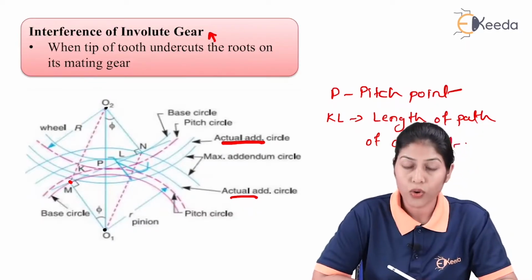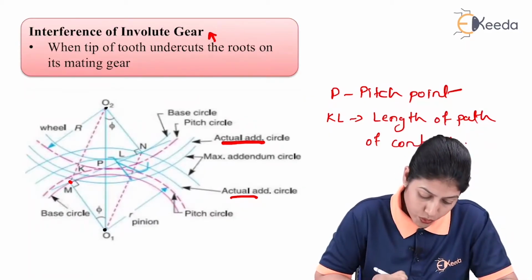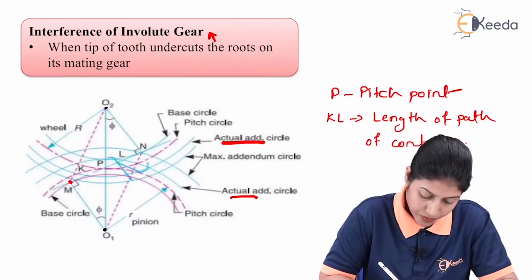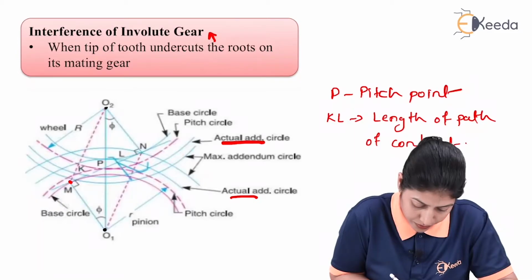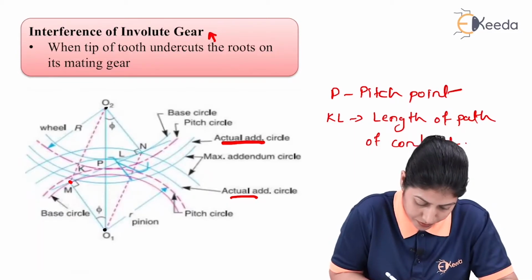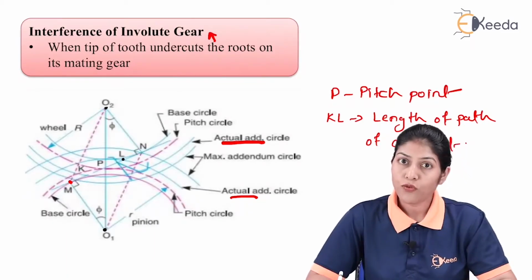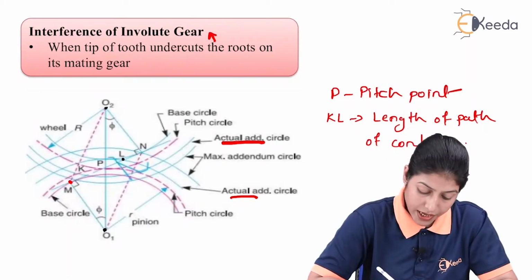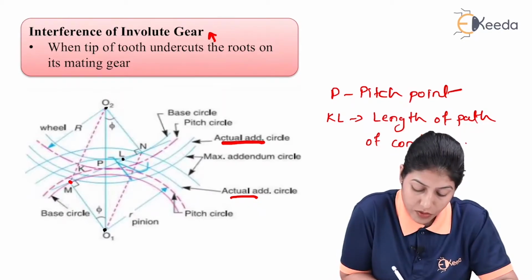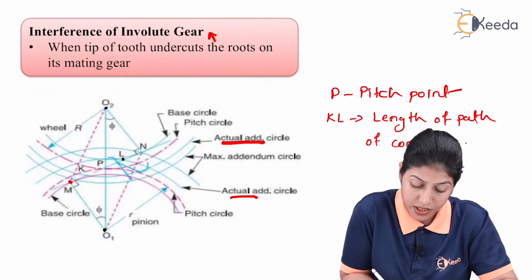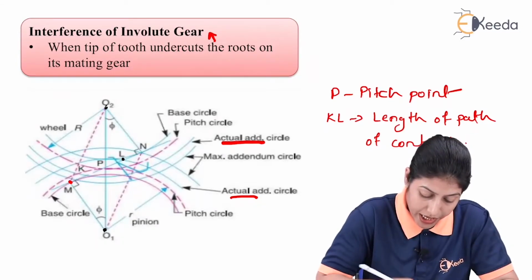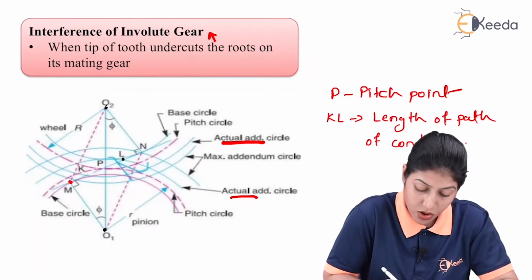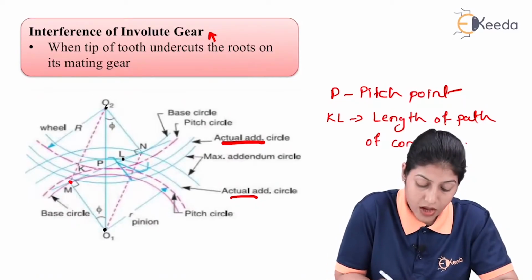O1 and O2. O1L will define the radius of the actual addendum circle of the pinion, and O2K will define the radius of the actual addendum circle for the wheel.